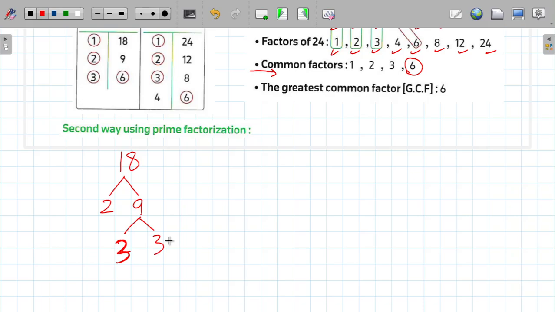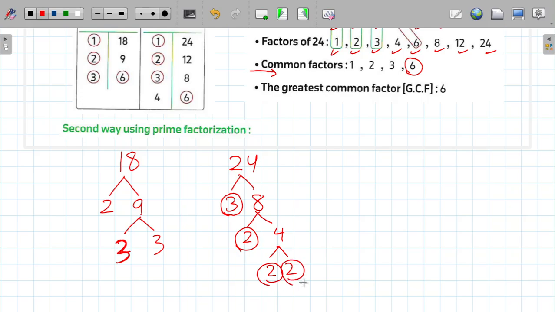Okay, so next I have 24. 24 equals 3 by 8, and 3 is prime, 8 is not prime, so I will factorize it 2 by 4. 4 equals 2 by 2, so I have 3, 2, 2, and 2.